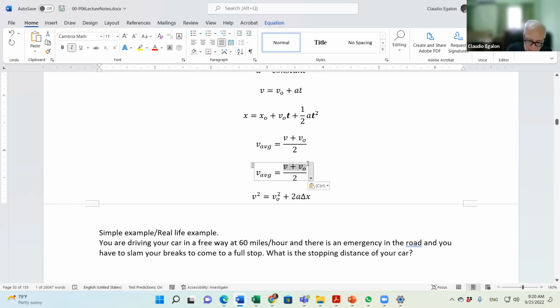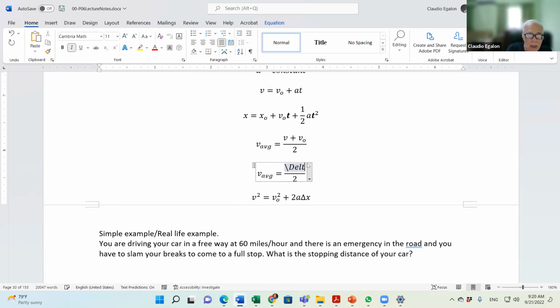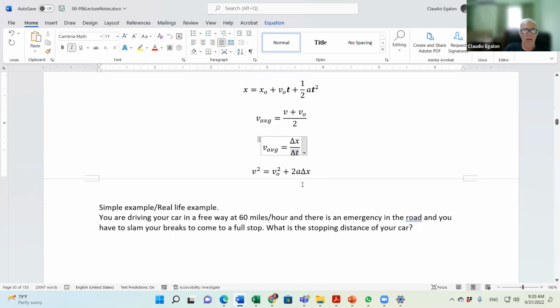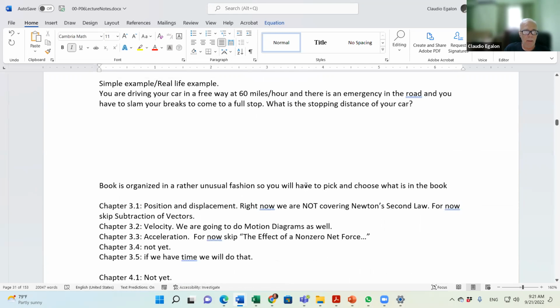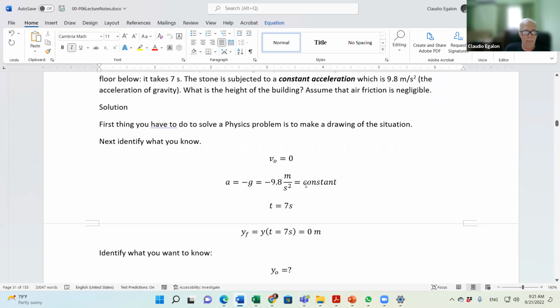I didn't mention that to you. Delta x over delta t. There are 2 equations for average velocity of your car. This one is a kind of difficult problem to solve.